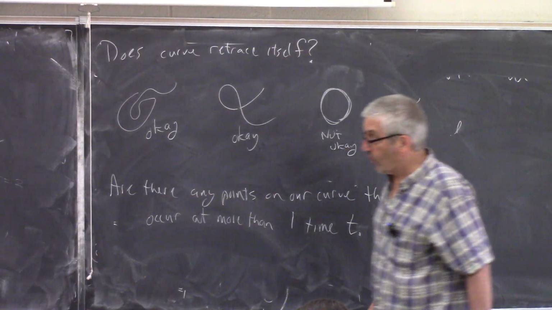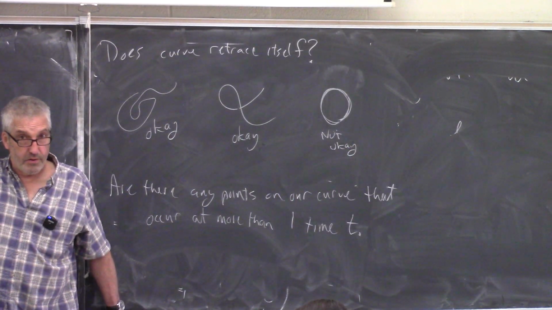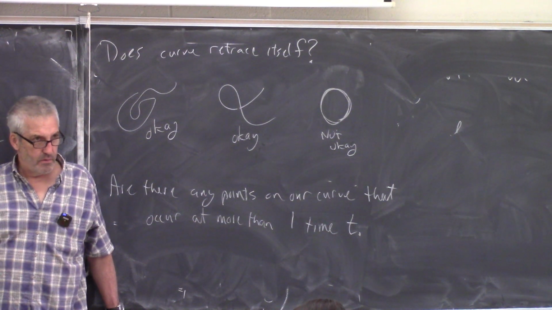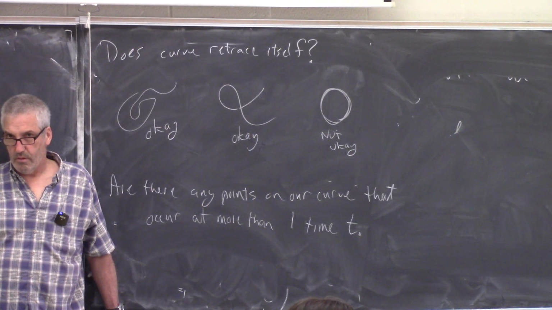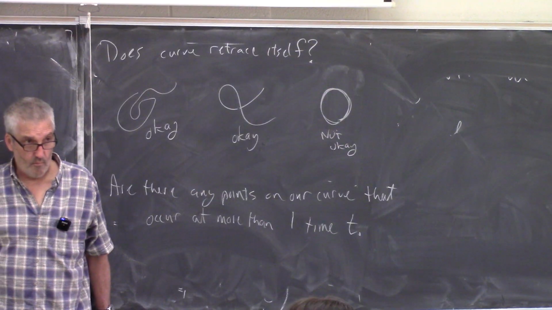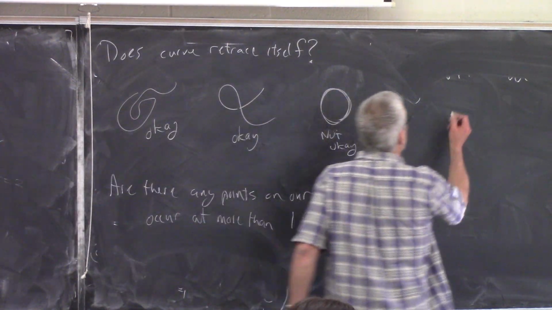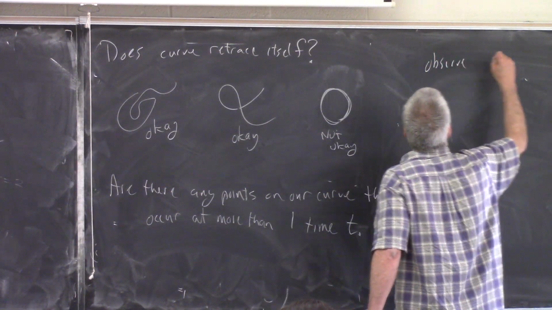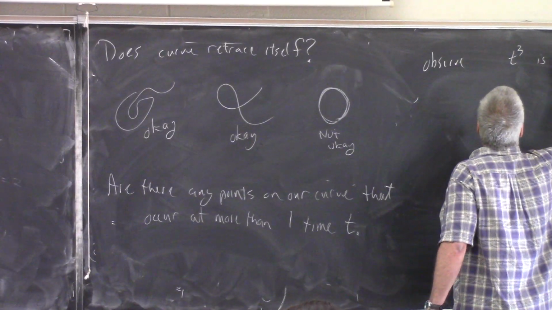So look at this formula. Anybody have any wisdom about that? Can you think of arguing about these formulas? Let's look at the x-coordinate. Well, we'll just observe. t cubed is an increasing function.